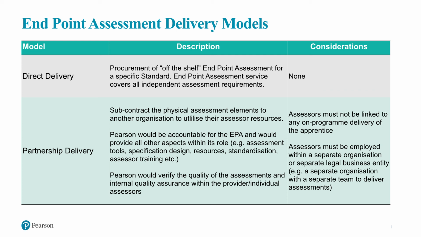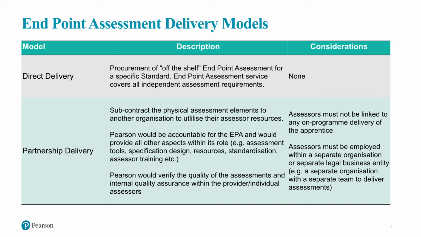The example there is, say you had Joe Bloggs on-programme training service. What Joe Bloggs training service would also have to have in this case is a separate legal entity called Joe Bloggs Assessment Services in order for that partnership approach to work. So it's quite complex. The first model is not complex, direct delivery.